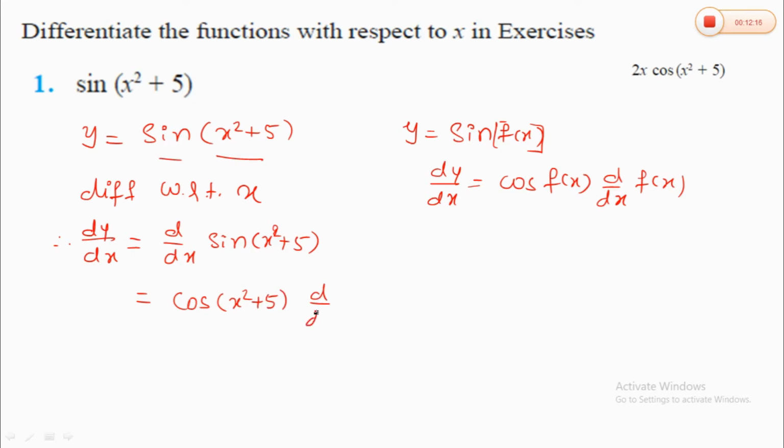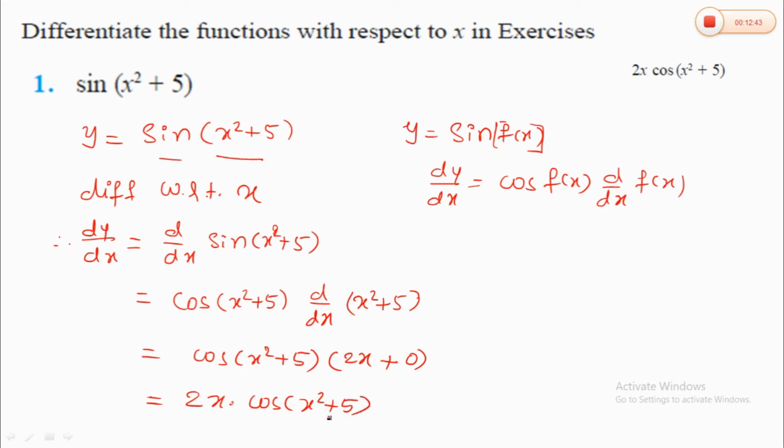Then the derivative of x square plus 5: derivative of x square is 2x, derivative of 5 is 0. Therefore this equals 2x cos(x square plus 5).